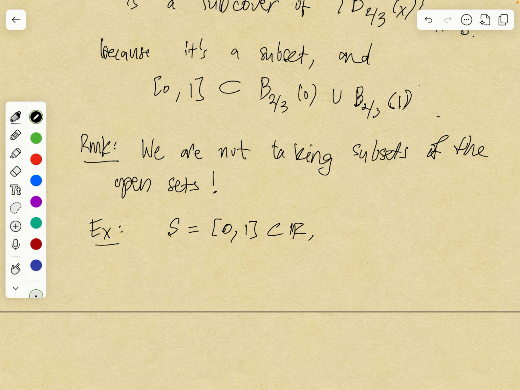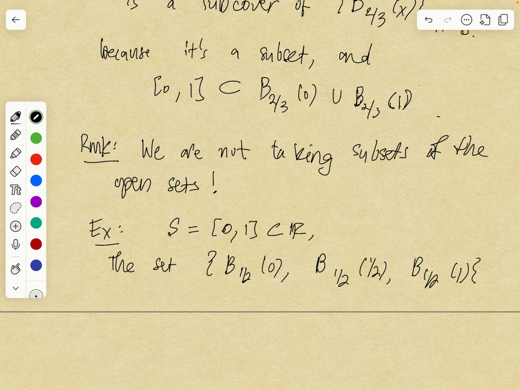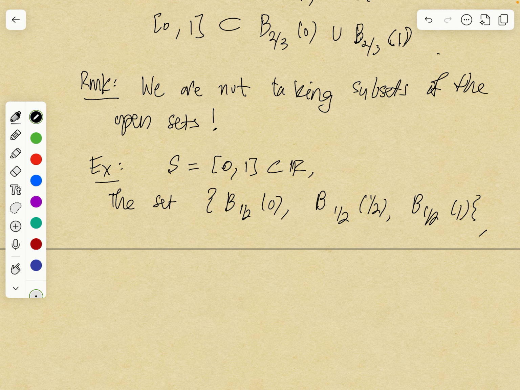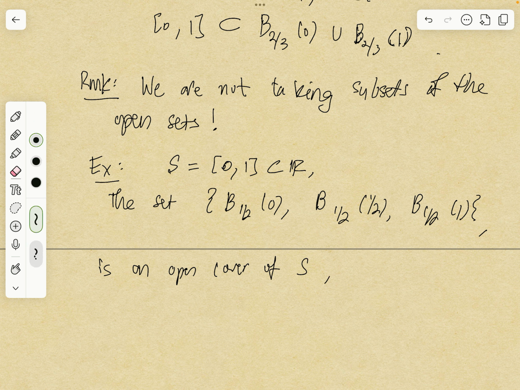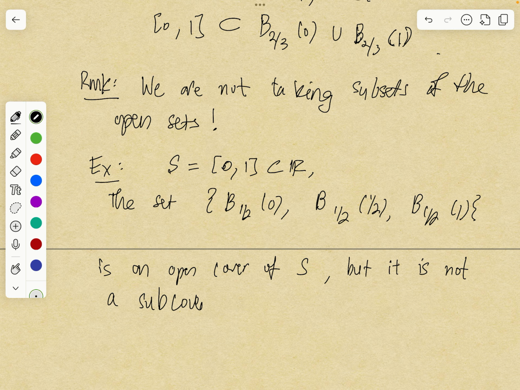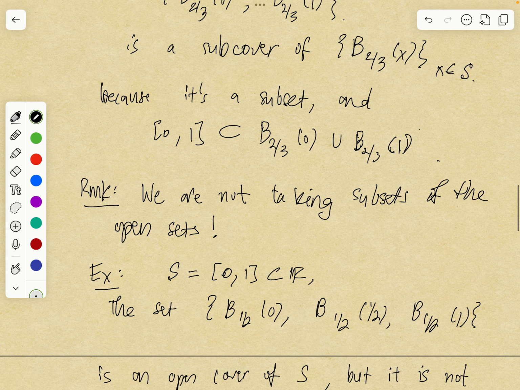If I take the set which is the ball of radius 1/2 centered at 0, the ball of radius 1/2 centered at 1/2, and the ball of radius 1/2 centered at 1, this is an open cover of S. But it is not a subcover of the cover that I was looking at before.